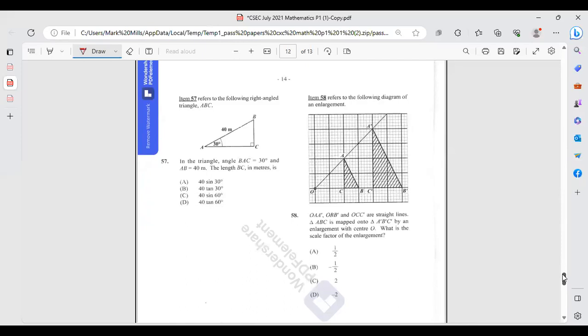We did 57 already. Sir, 40 sin 30. So we did it. We see that here was opposite. I remember, and we say this one was the hypotenuse, right? And we say here was adjacent, and it had been sine 30 degrees.